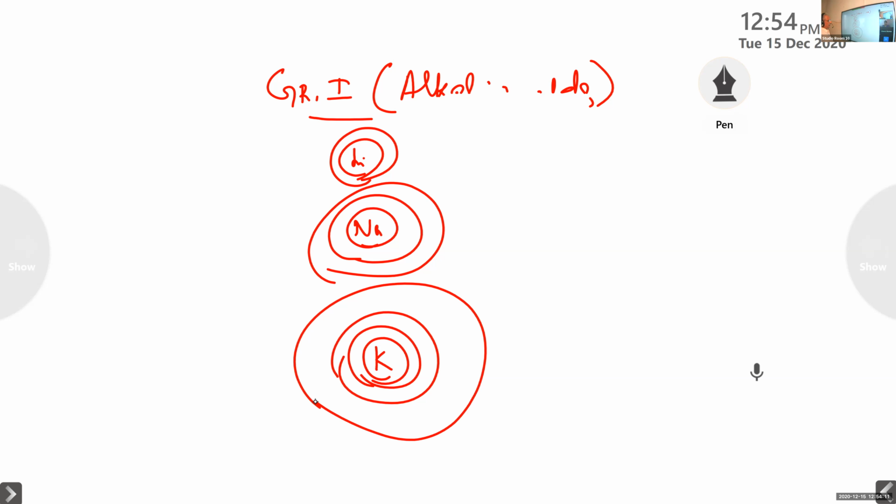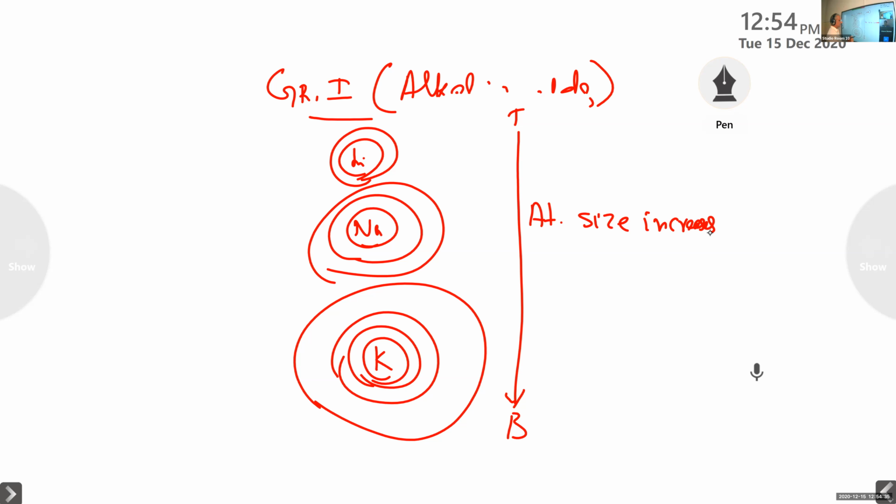Down the group, what happens? From top to bottom, the atomic size increases. In a group, from top to bottom, atomic size increases. Atomic radius increases.